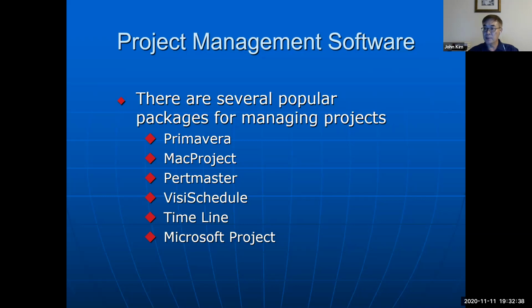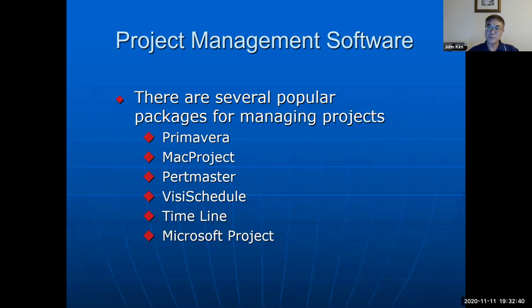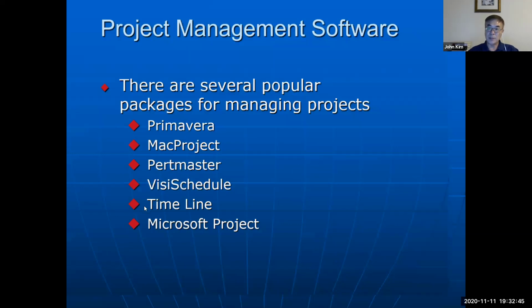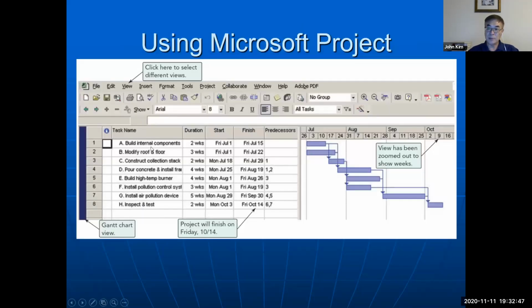You type in all the information about activities, the name, duration and starting time, and it automatically calculates start and finish times, develops a Gantt chart, and draws the network diagram.